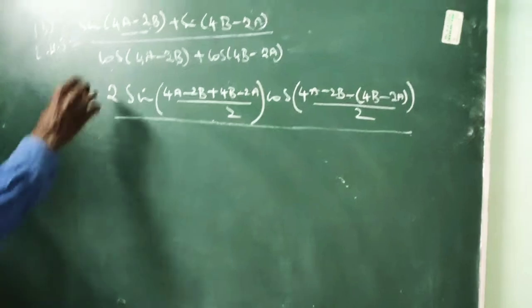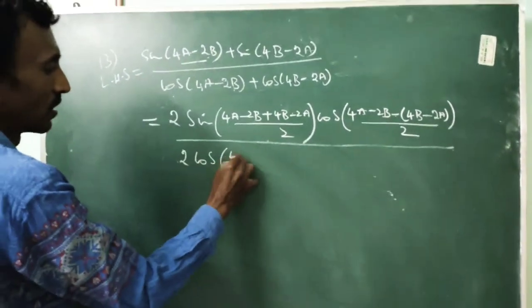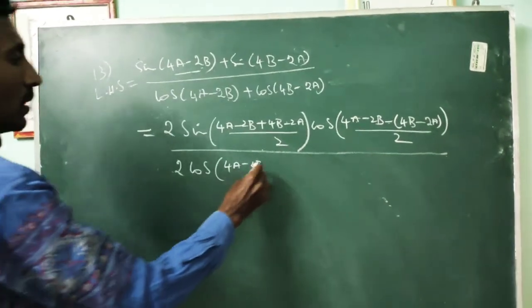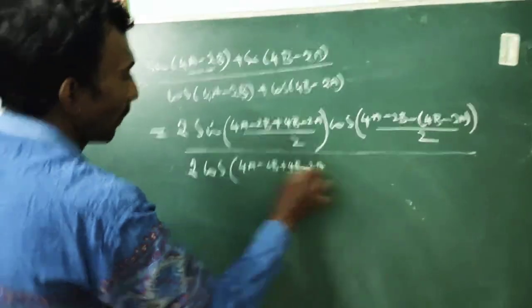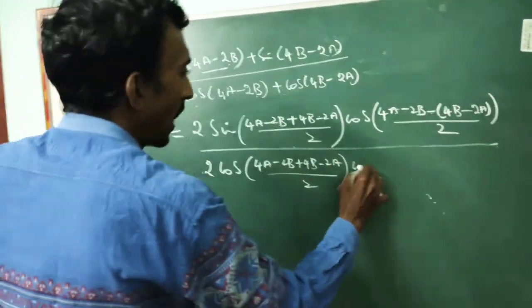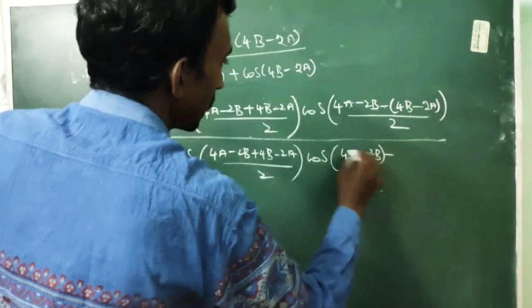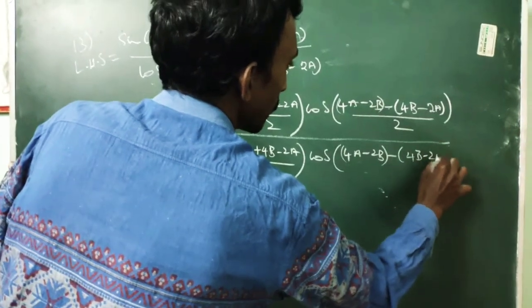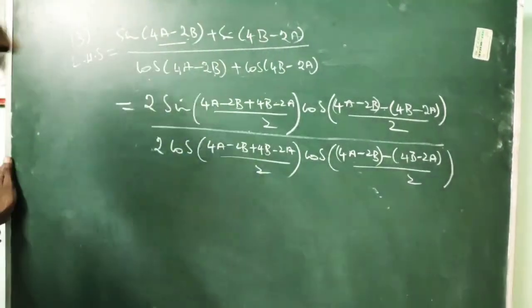Similarly, cos C plus cos D is 2 cos (C plus D) by 2 cos (C minus D) by 2, okay.